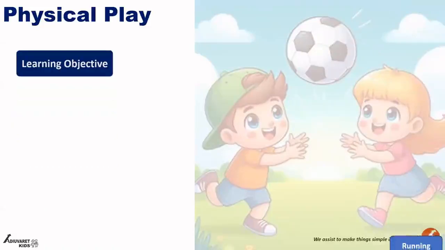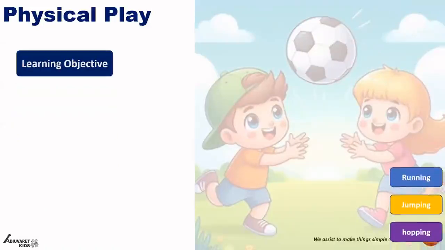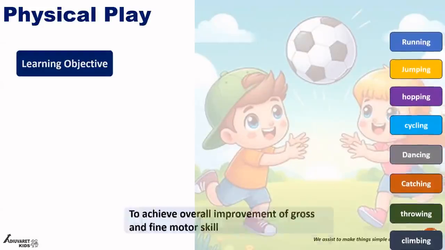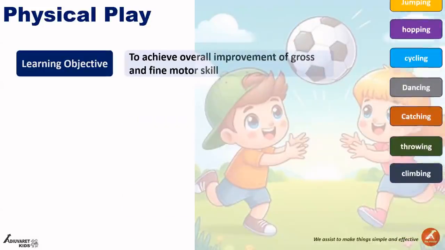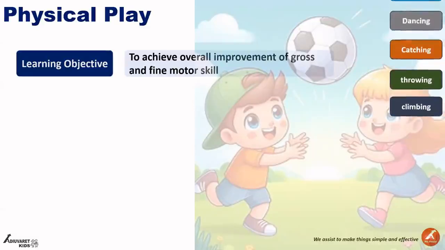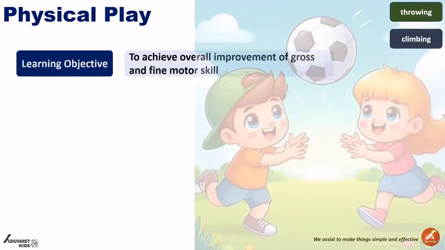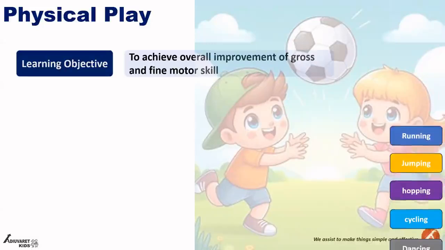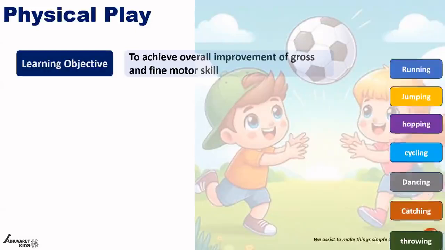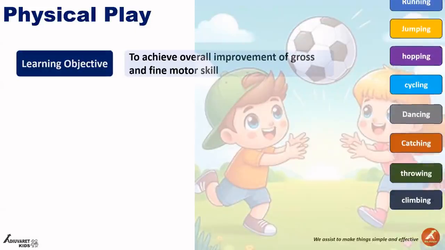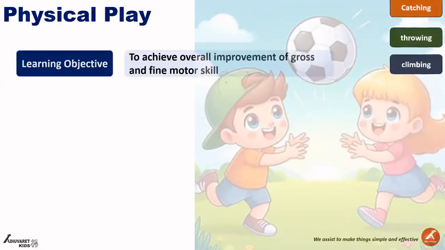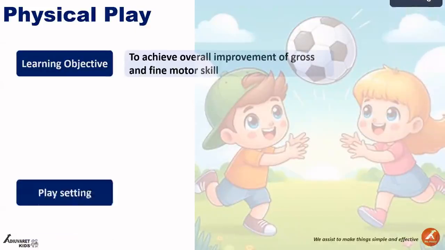Now, if we look at the learning objective or outcome associated with such physical play, it is basically the improvement of gross and fine motor skills. If we define a particular gross or fine motor skill with a particular kind of physical play, then it becomes very easy for the teacher as well as the child to improve their overall motor skills.